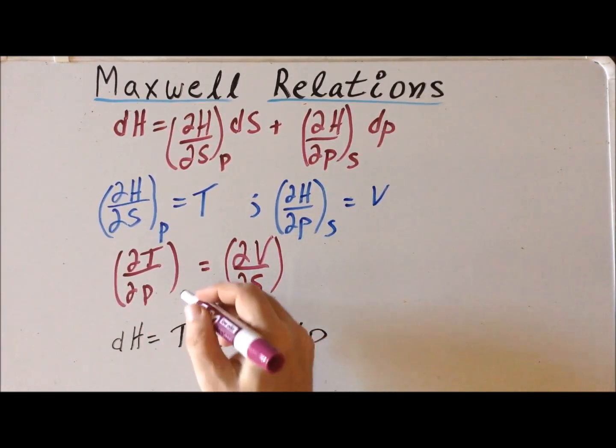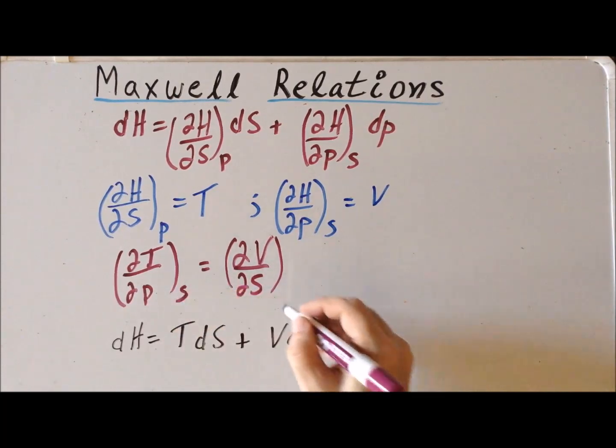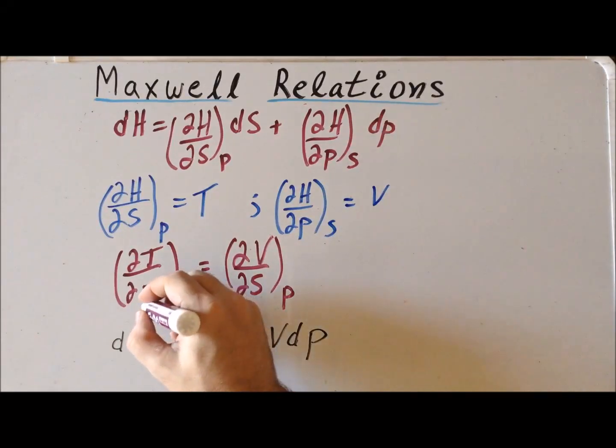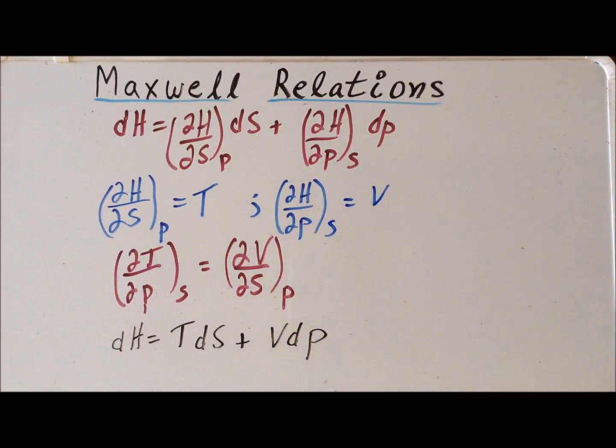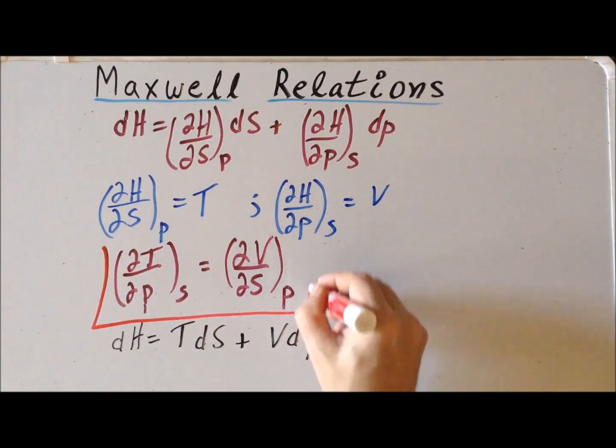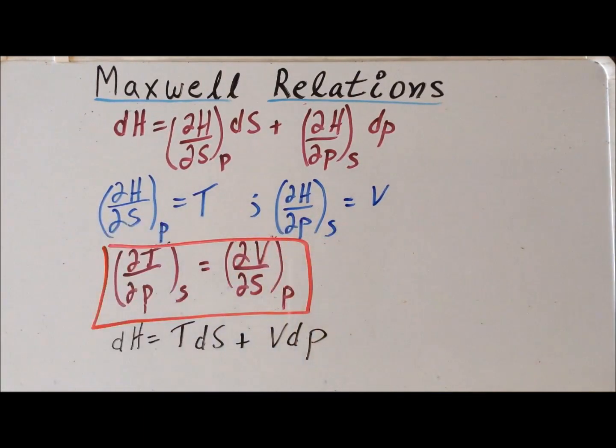And we know over here it has to be constant entropy, and here is constant pressure. Therefore, we have derived the second of the Maxwell expressions. And this is the one that we get by starting with an expression for the enthalpy.